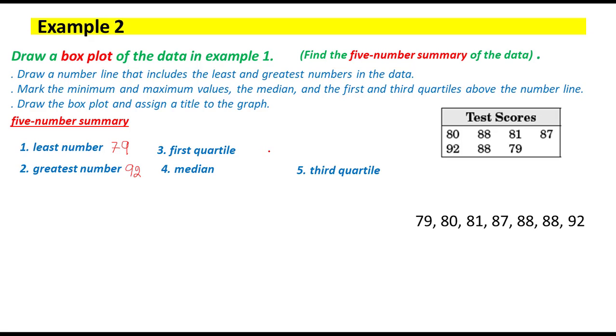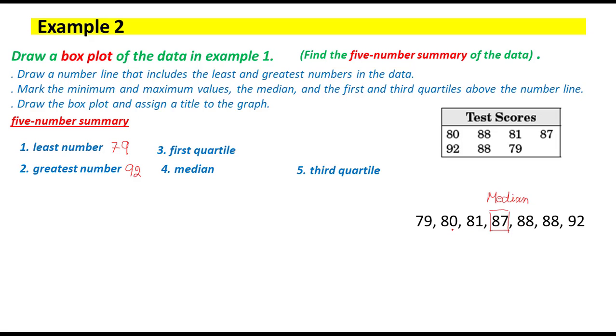Now, what is my first quartile? Look at the numbers here. First, I'm going to find the median, as I did before. I will discover that this is my median. The median is also called the second quartile, another name for it. Now for the first quartile, we look at the first part of the data.